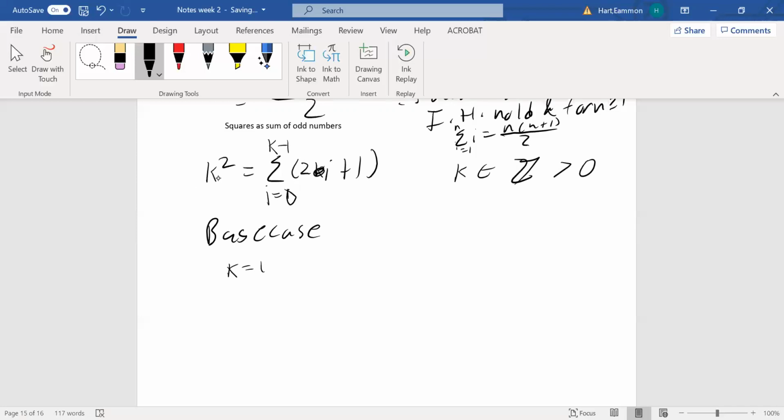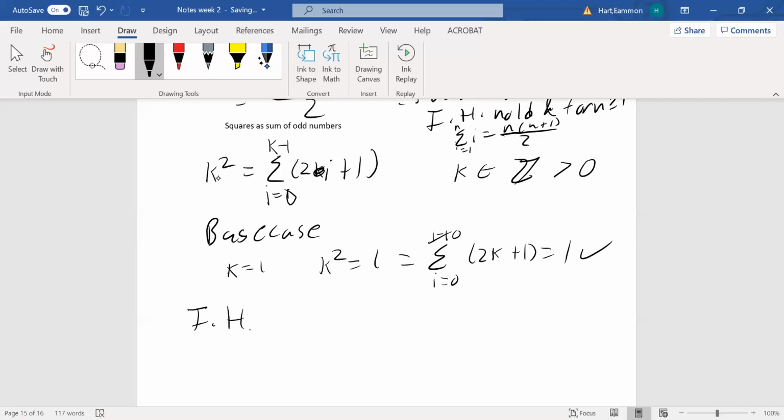In this case, we get k squared is equal to 1, which is equal to the sum from i equals 0 to k minus 1, which is 0, of 2i plus 1, just 1. So the base case holds. Typically, your base case is going to be very easy.